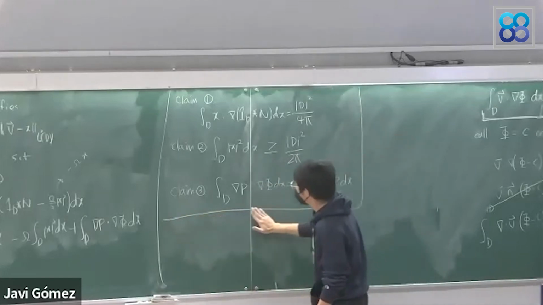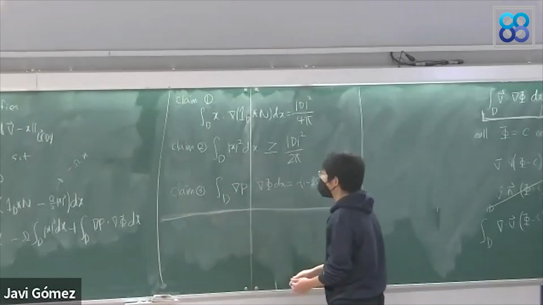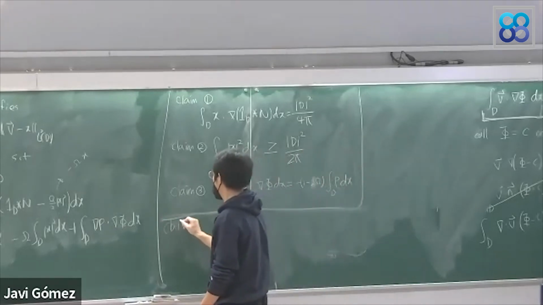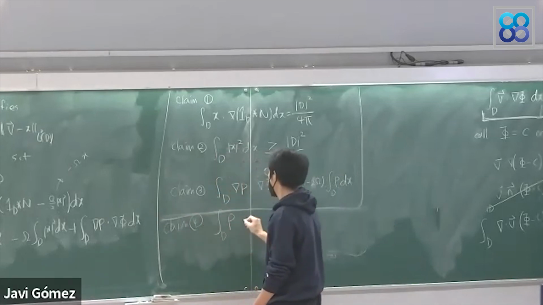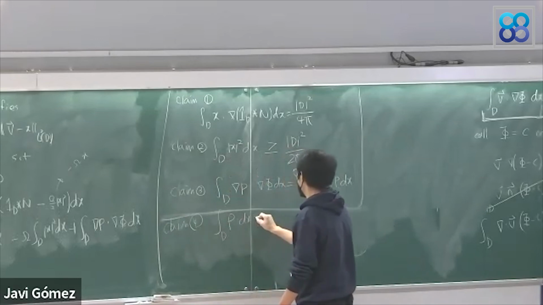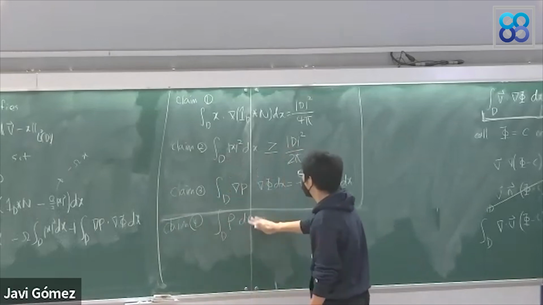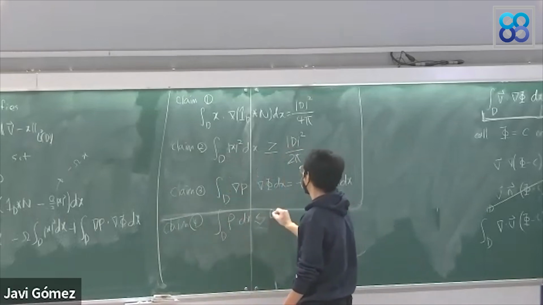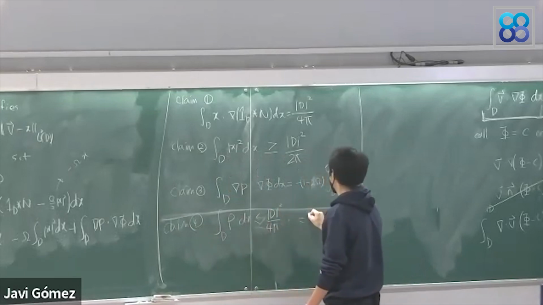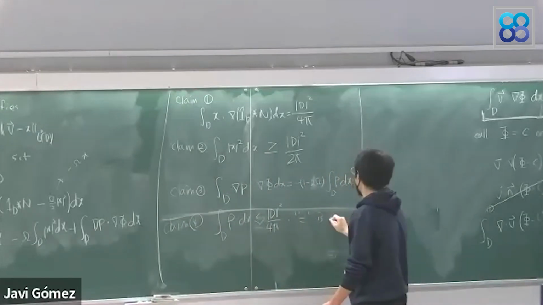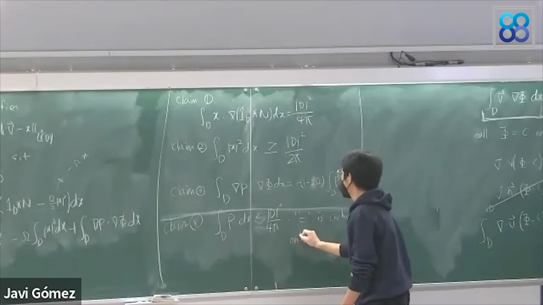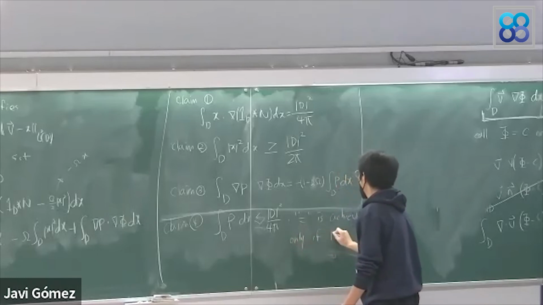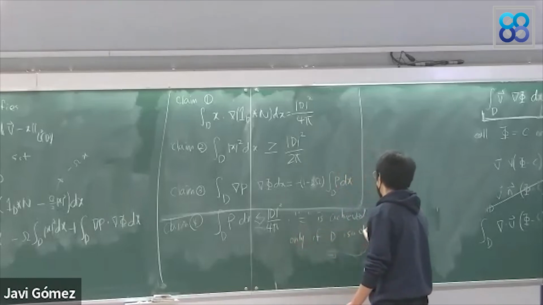And actually, there's one more claim. The integral of p dx is always less than or equal to d squared over 4 pi, and equality is achieved only if D is a disk.